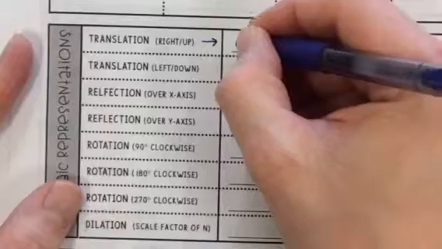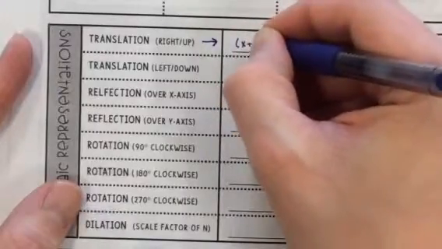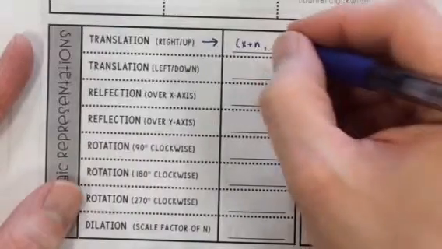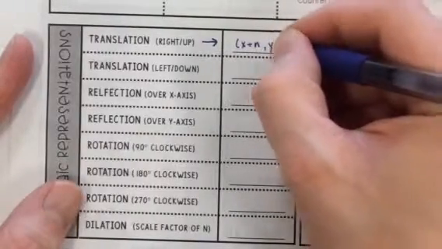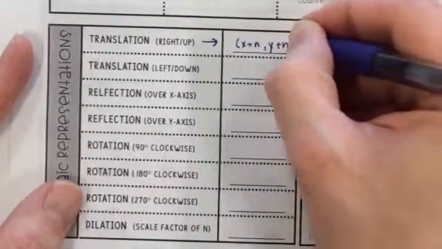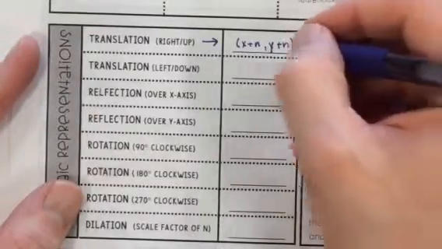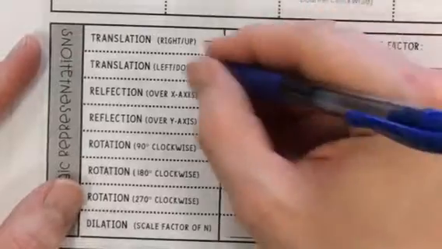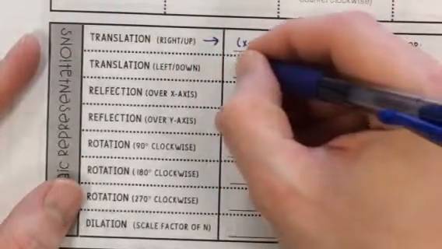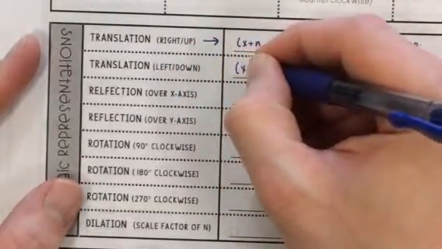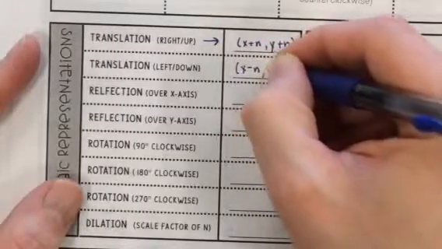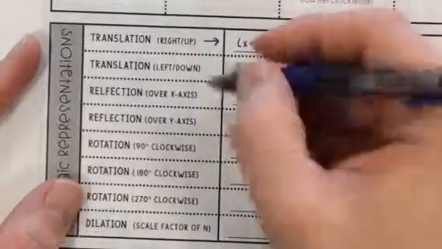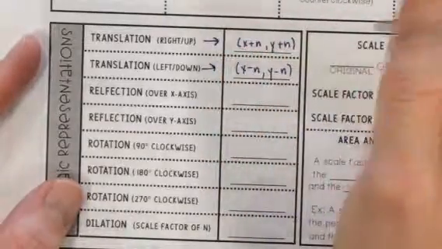So what that does is the X adds whatever you want to do, so N, and then it goes up by N as well, or B, or whatever it is that you're using as your number here. If you wanted to go left and then down, that would be X take away N, and then Y take away N. Again, if you want to draw the arrow in there, you can.